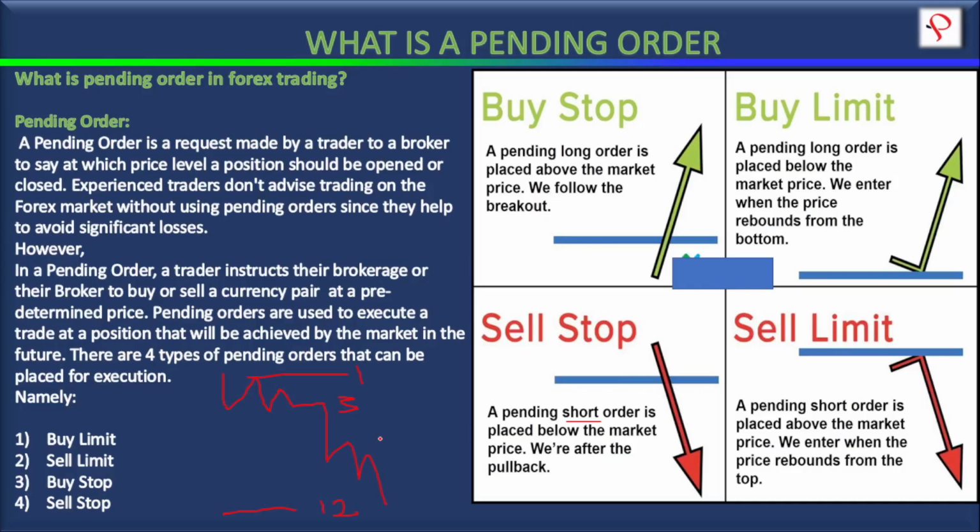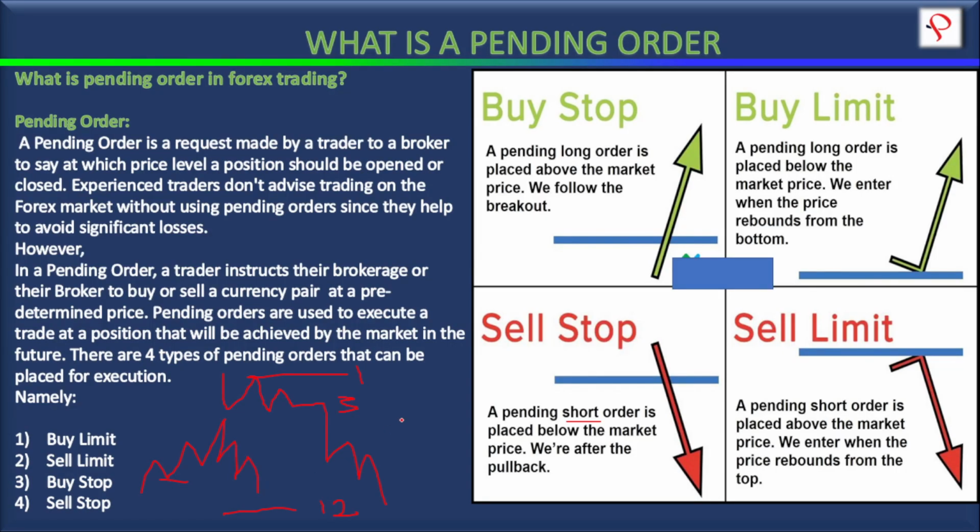Do you understand what it means now? So when you are selling, your stop loss should be what? Above your entry point, and your take profit should be below your entry point. And when you are buying, your stop loss should be below your entry point and your take profit above your entry point. Is that clear now? Because when you're buying, it means that you want price to go up. So your stop loss has to protect you in case the market decides to go against your direction.